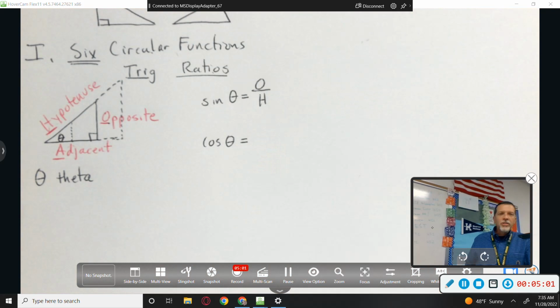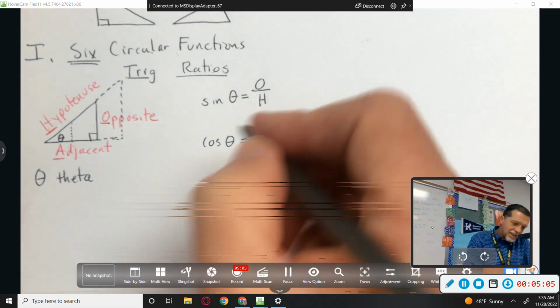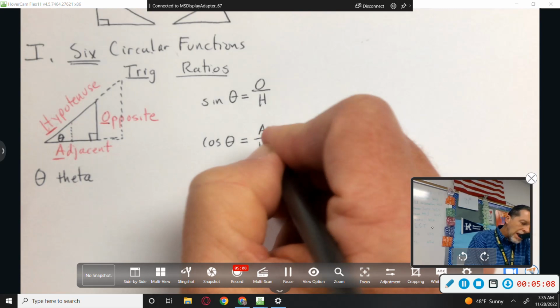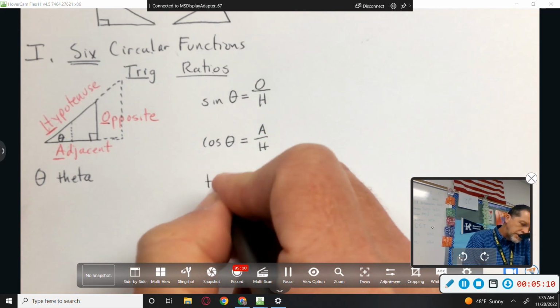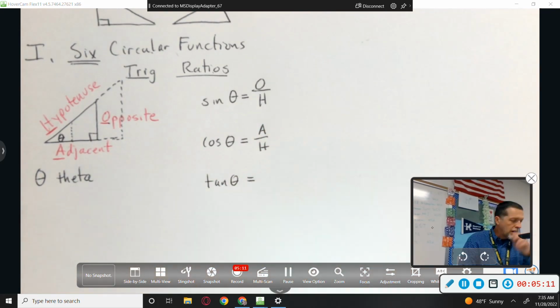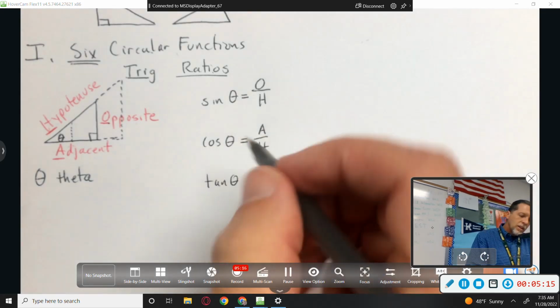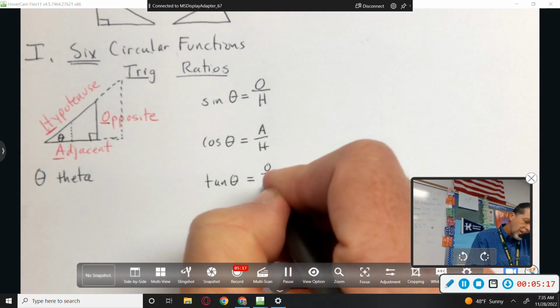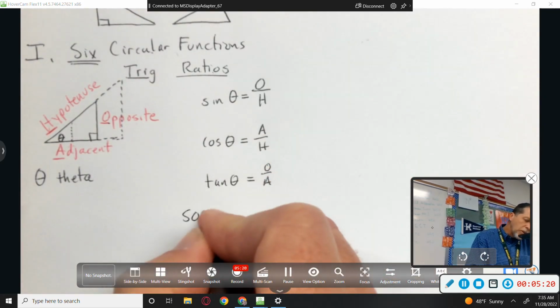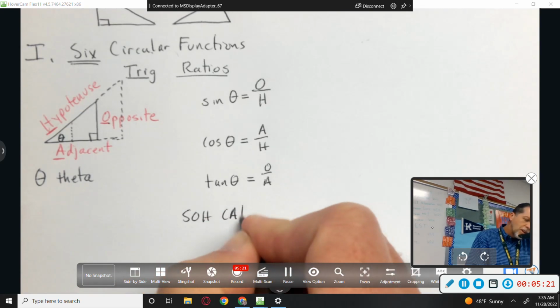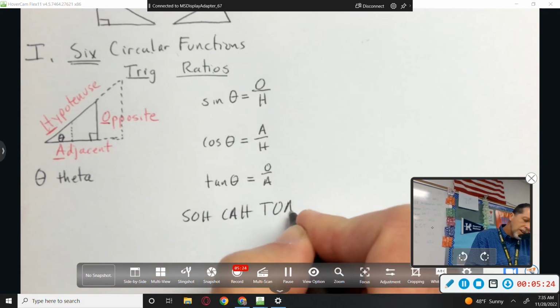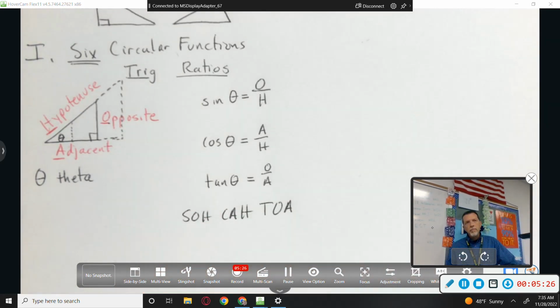All right, how about cosine of theta? Remember what that one is? Adjacent over hypotenuse. And tangent of theta? Opposite over adjacent. So this you're familiar with because someone said it a minute ago. So ka toa. Just be careful with the ka.